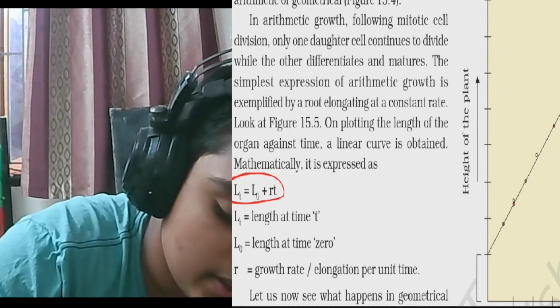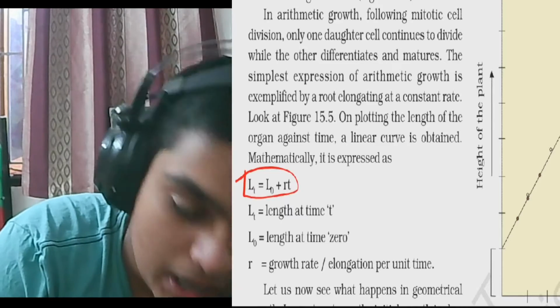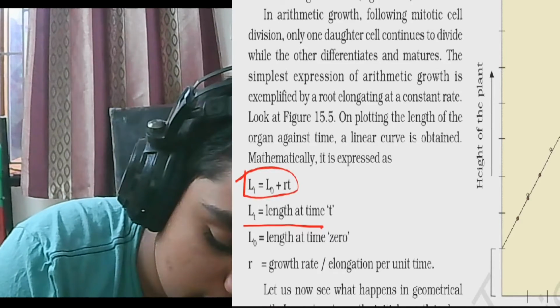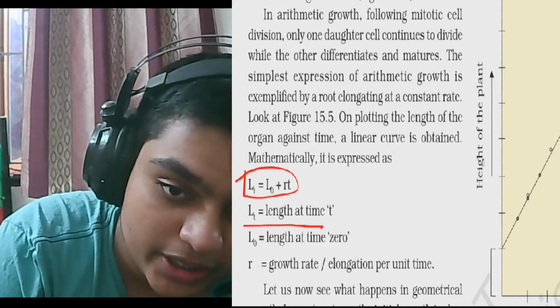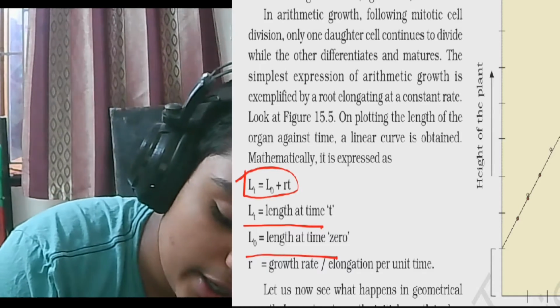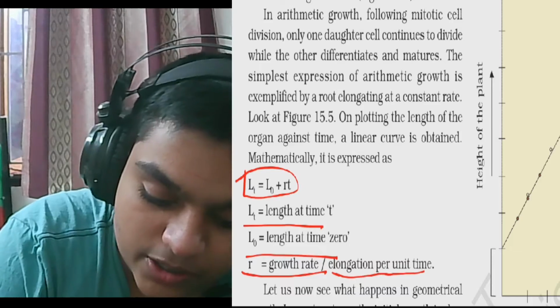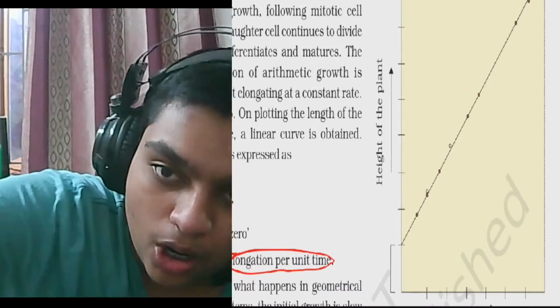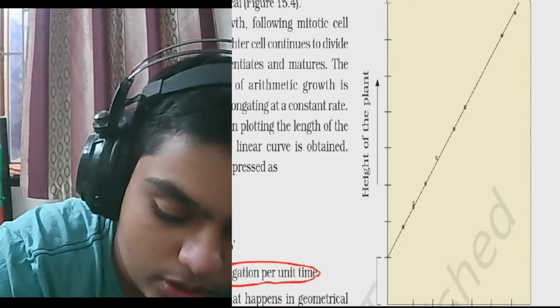We can represent this in the simplest equation: Lt equals L naught plus rt. Lt is the length at time t. L naught is the length at time zero, or initial length. r is the growth rate or elongation per unit time. And if you try to plot this graph, it is going to look linear.